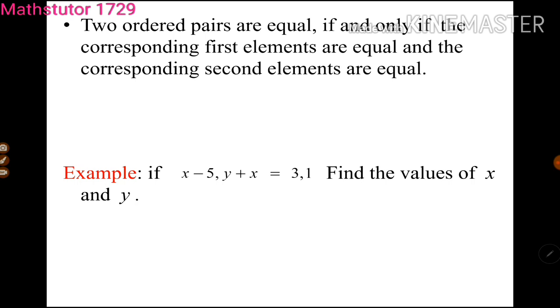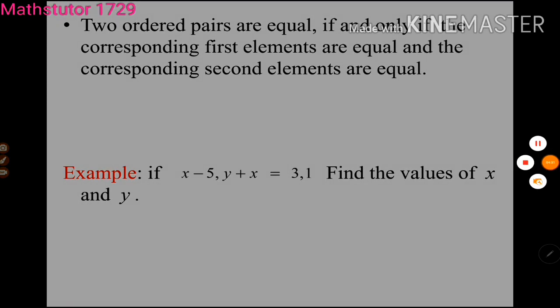Now, when can we say two ordered pairs are equal? Two ordered pairs are equal if and only if the corresponding first elements are equal and the corresponding second elements are equal.